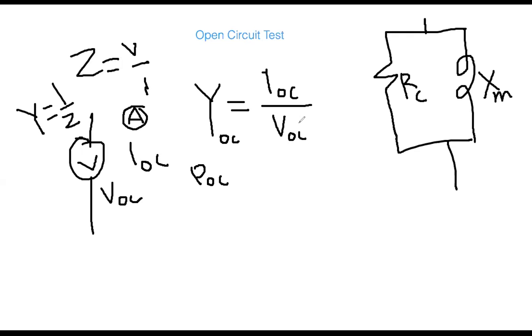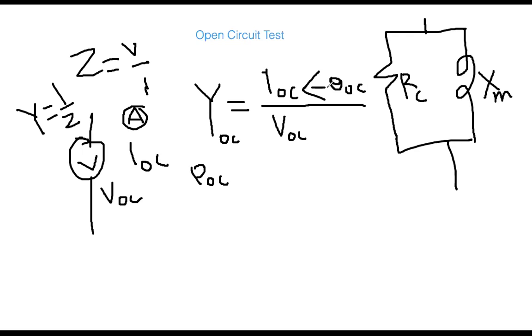Therefore, you got those two readings. And then again, you need the angle here. You have to consider the angle. And then again, this will be the minus theta OC. This is that power factor angle. I put the minus sign because once again, this is a transformer. A transformer always has a lagging power factor.